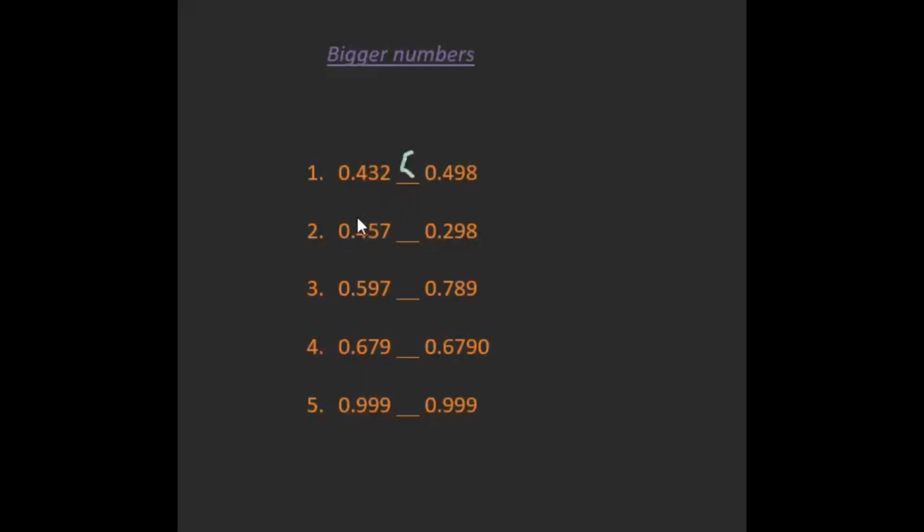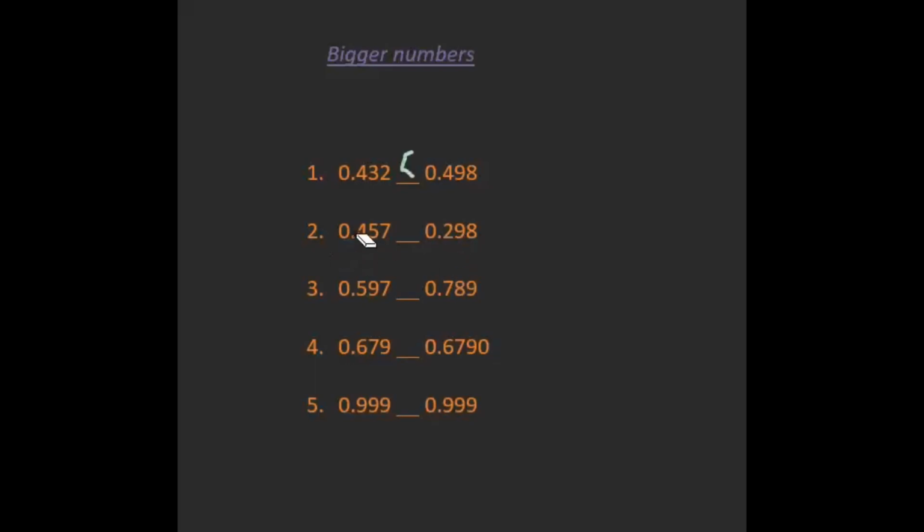So again, we see that we can't compare the zeros because the zeros are equal. So then we move on to the tenths place. And then we see that 4 and 2 are tenths. And we also should know that 4 is greater than 2. So that also means we can find the answer now.